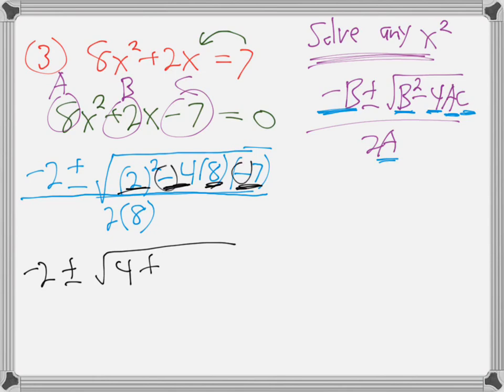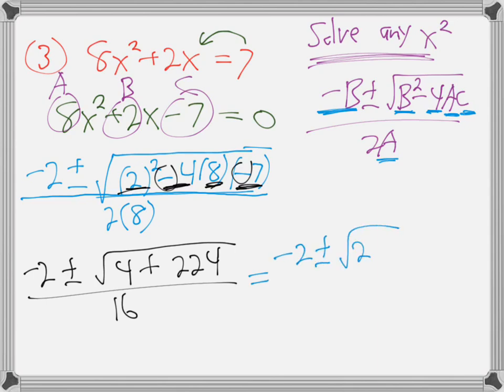And then just hit the buttons on your calculator. 4 times 8 times 7. Don't worry about signs. 224. I think that's the quickest way. 224, all over 16. Are we good so far? So that's negative 2 plus or minus the square root of 228 over 16.